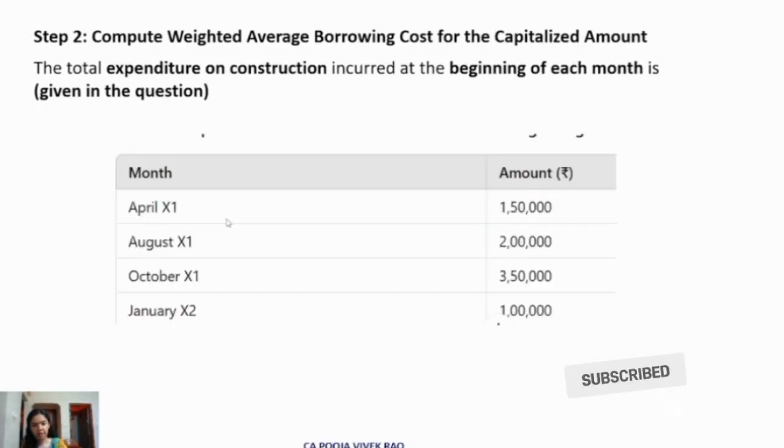In April 2021, 1,50,000 expenditure was incurred. In August 2021, 2 lakh expenditure was incurred. In October 2021, 3,50,000 expenditure was incurred, and in January 2022, 1 lakh expenditure was incurred. Each of these expenditures was incurred at the beginning of the month.